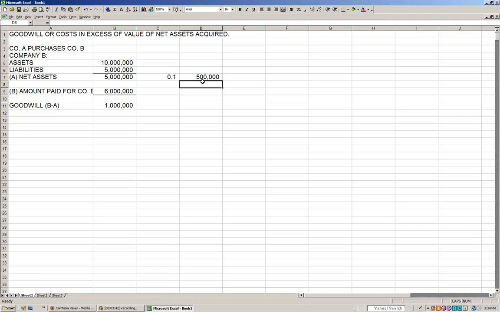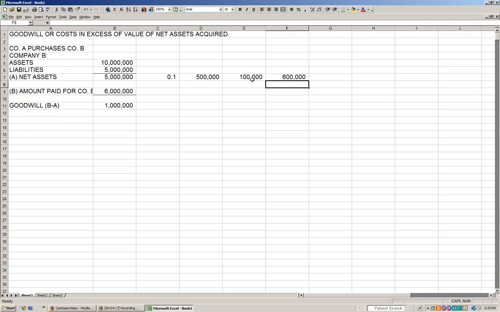Okay, $5 million that we're going to spend times our 10% cost of capital, $500,000. Well, let's say that we believe, after acquiring company B, that we can earn more than $500,000. Let's say that we think we can earn another $100,000 a year forever. So we believe there's extra earnings of $100,000 a year, or a total of $600,000.